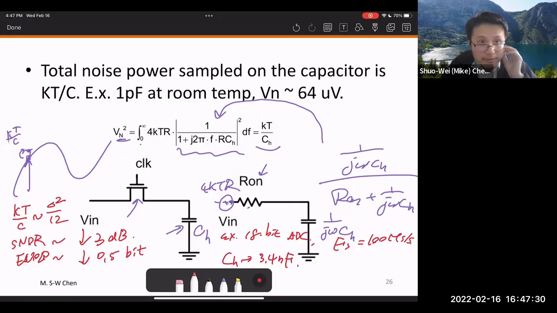Because we now know that this noise is just a function of C. It's independent of R, which is kind of nice, so I don't need to worry about the turn-on resistance. But of course, when we design the real sampling circuits, we have to determine R on. So in this case, how do I determine R on? What would limit the R on?